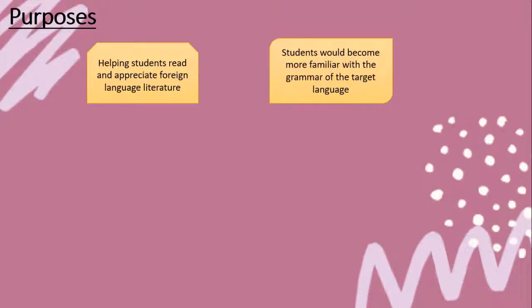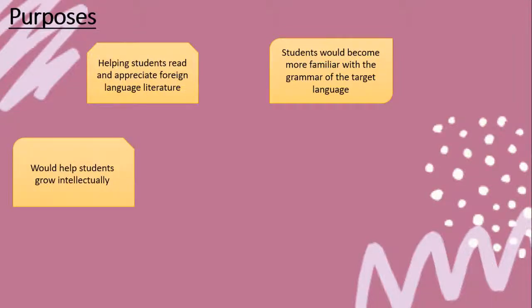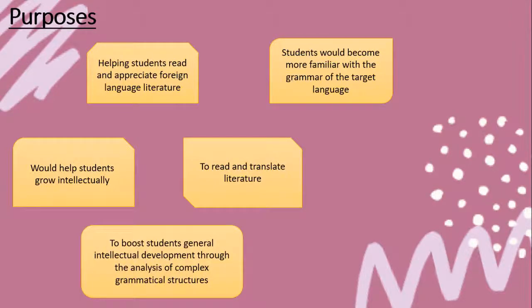Students would become more familiar with the grammar of the target language. It would help students grow intellectually, to read and translate literature, and to boost students' general intellectual development through the analysis of complex grammatical structures.